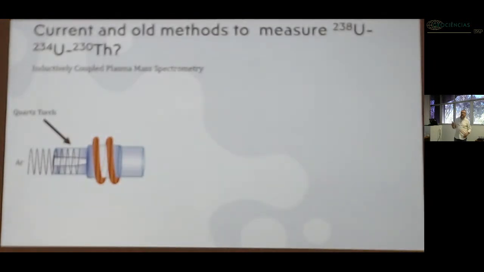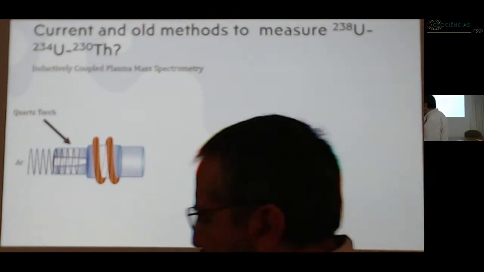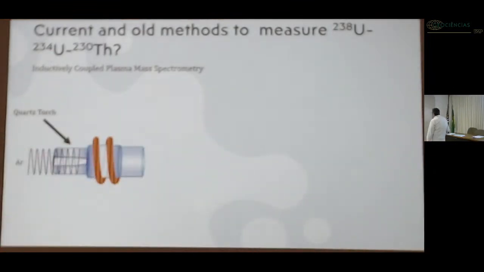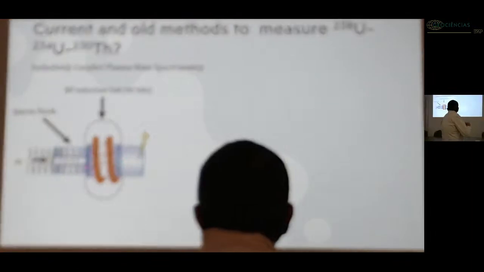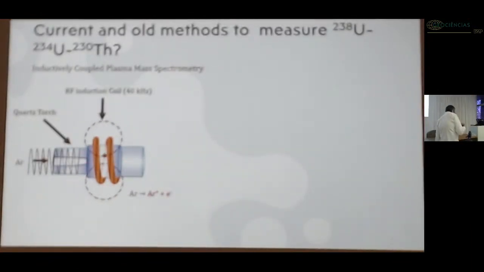And now we have the current method that is actually used, which is inductively coupled plasma mass spectrometry. Here, the main difference is that we have a very efficient ion source, which is an argon plasma. An argon plasma is basically formed when argon is flowed into a radio frequency field, around 40 kilohertz, and there's a spark just ionizing the argon, and these ions will stay in this radio frequency field.